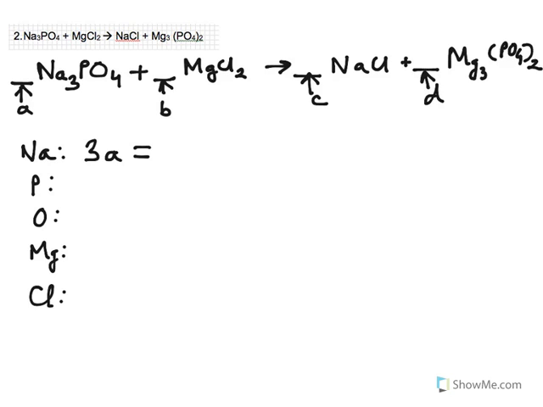We have 1 sodium, and it's with NaCl, so we'll say 1C, or we can just write C. For phosphorus, we have 1 phosphorus with Na3PO4 on the left side of the equation, so we can say A is equal to, on the right side, we have 2 phosphorus because PO4 is in brackets and we have 2 at the bottom, which means we have to multiply the 2 with the P and the O. So for phosphorus, we'll have 2D.